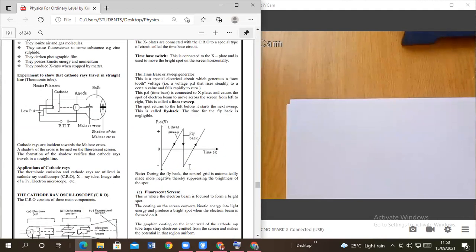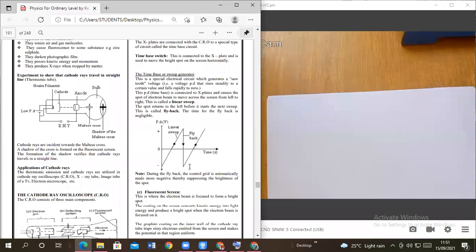We looked at the time-base switch and the time base, and those two things are different. The time-base switch is connected to the X plate, and it is used to move the bright spot horizontally. So that is the switch that is connected to the X plate.